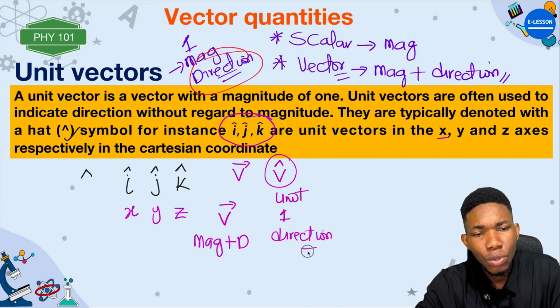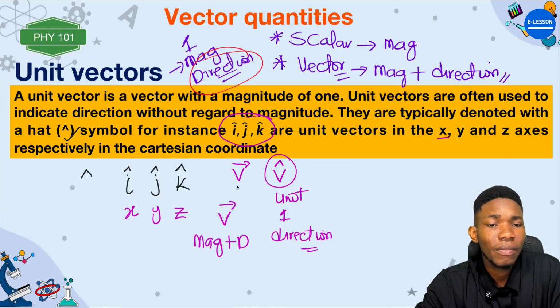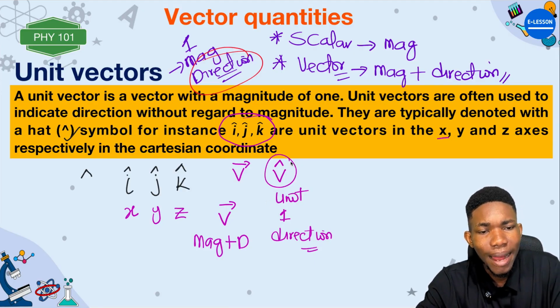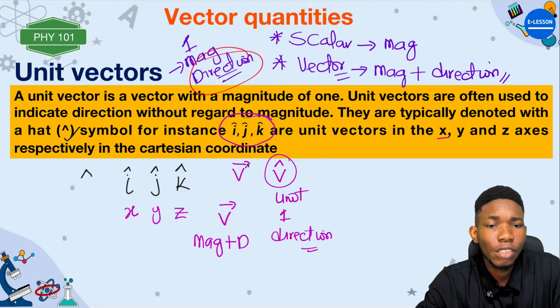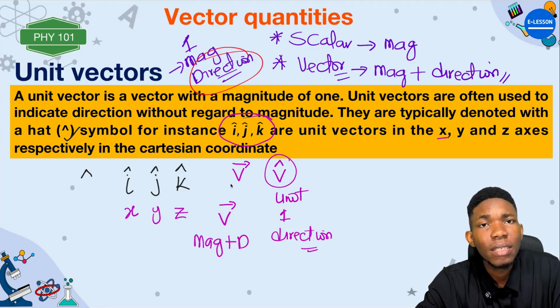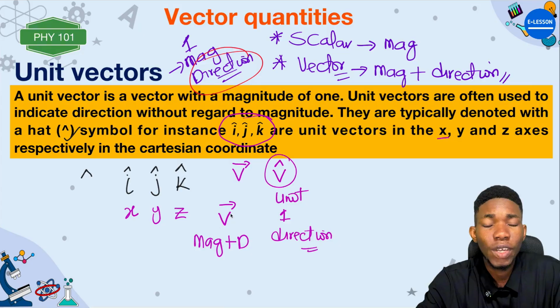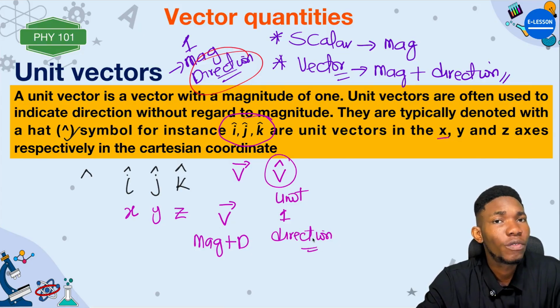One thing that you should know is that this unit vector and this vector v are in the same direction. They move in the same direction. So once you know the direction of this unit vector, it automatically means that you know the direction of vector v. In most cases, when you don't really need the magnitude of vector v, you only need the direction of vector v.